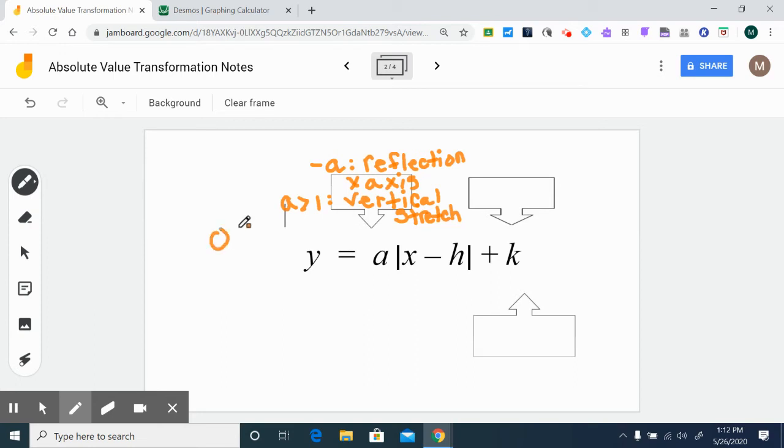If a is in between 0 and 1, so numbers like 1/2, 2/3, anything that has a fraction or a decimal, we call that a vertical compression or a shrink.